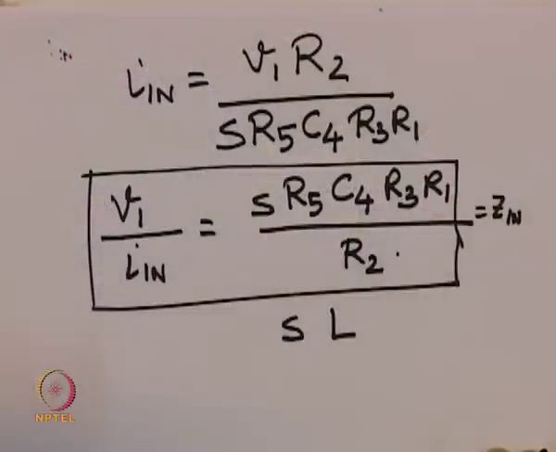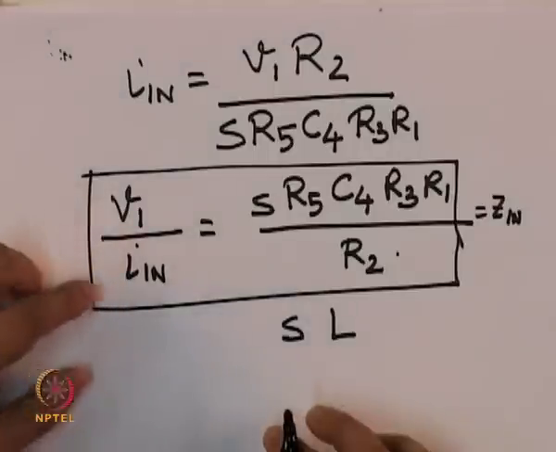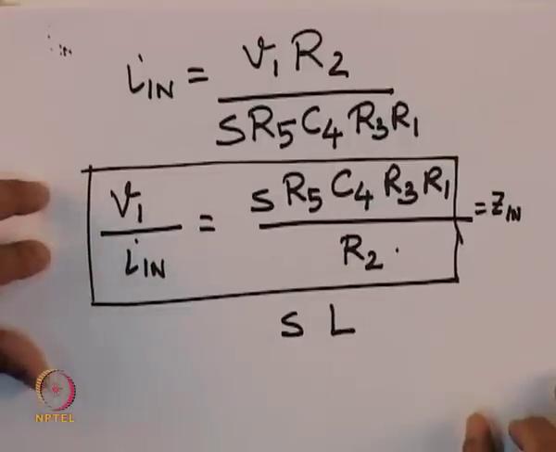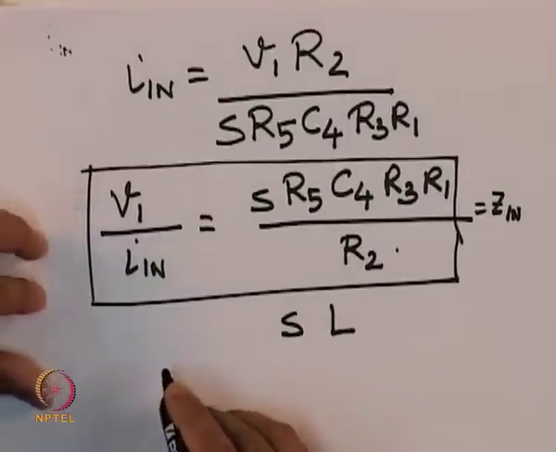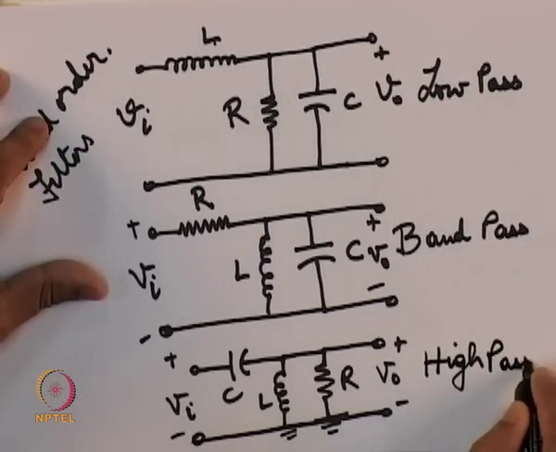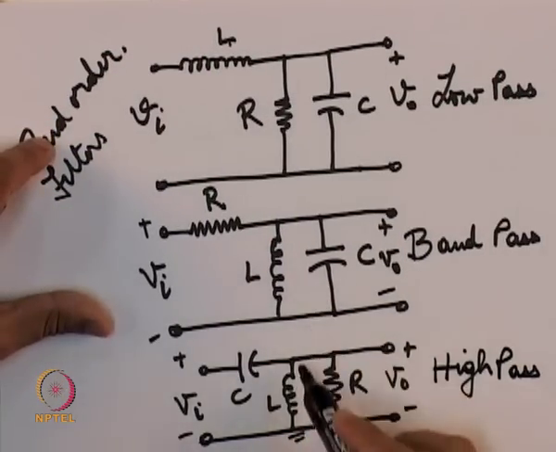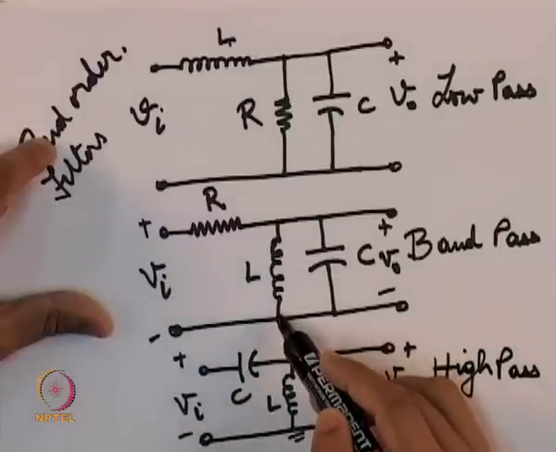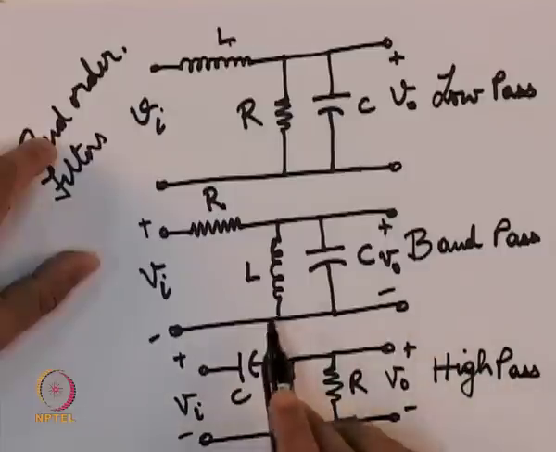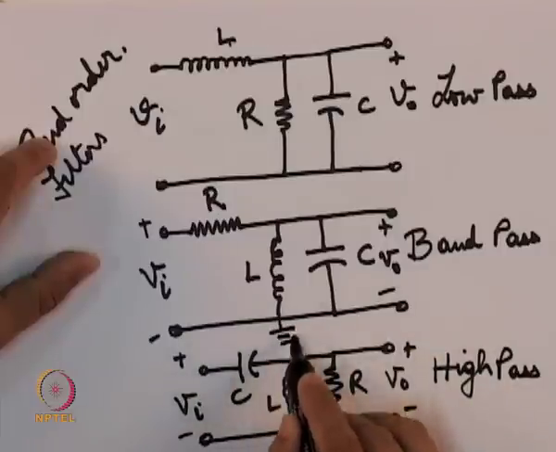The first utility is that since we have implemented an active inductor, we can use it in band pass and high pass circuits, if we go back to them for a moment. So, this was our high pass. Now, in these two circuits, we see that one terminal of the inductor is grounded. Grounded means like this.